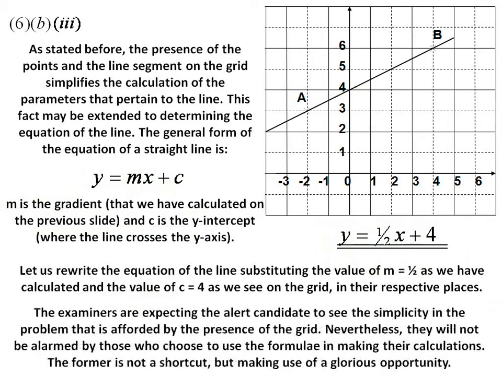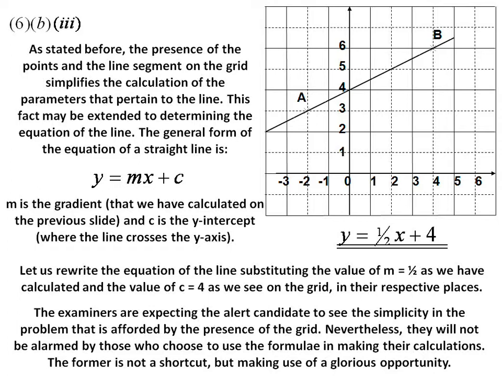The examiners are expecting the alert candidate to see the simplicity in the problem that is afforded by the presence of the grid. Nevertheless, they will not be alarmed by those who choose to use the formula in making their calculations. The former is not a shortcut, but making use of a glorious opportunity.